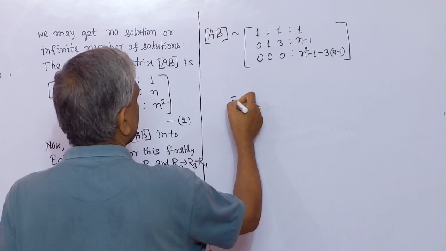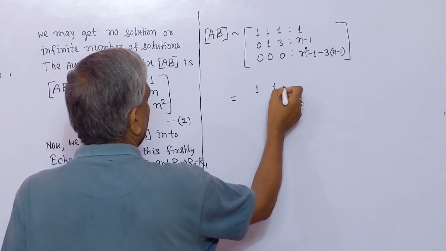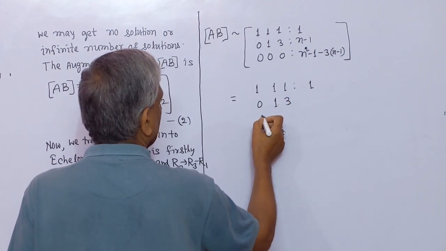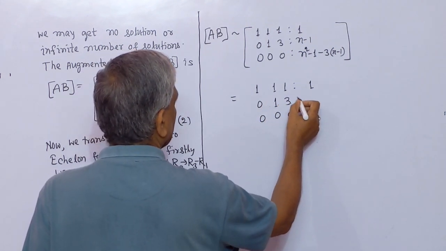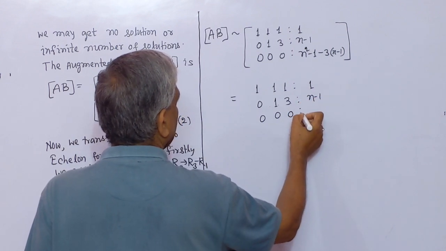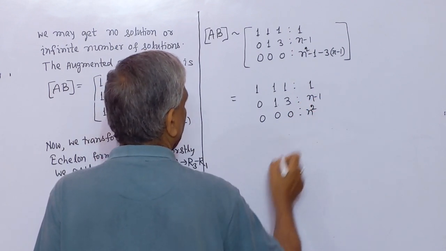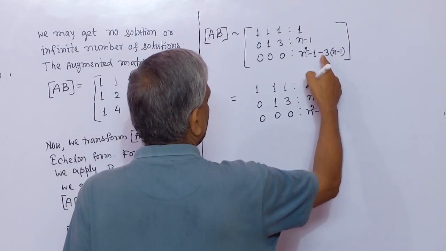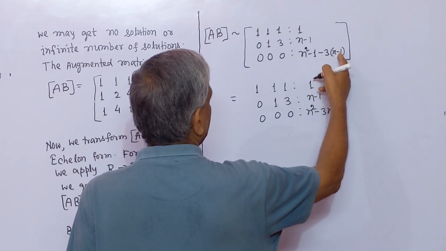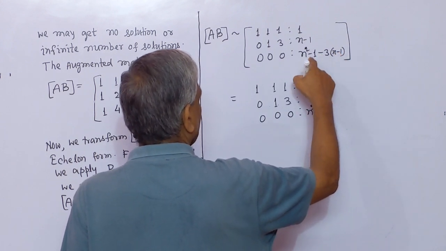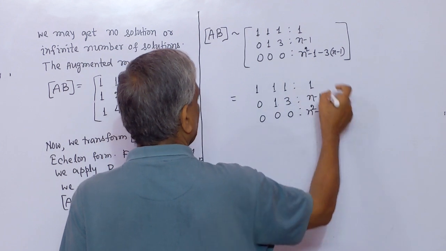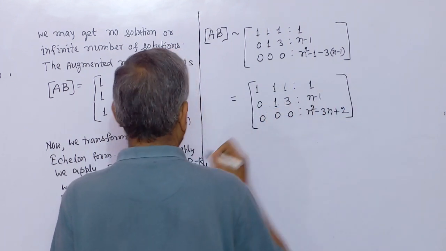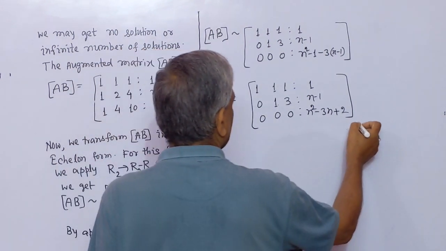This is equal to 1, 1, 1, 1, 0, 1, 3, eta minus 1, 0, 0, 0, eta square minus 3 eta plus 2. Let this be number 3.